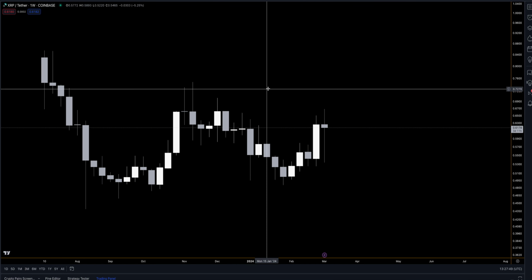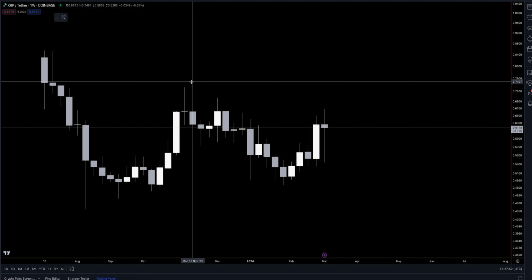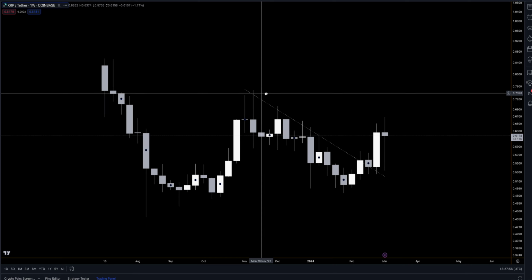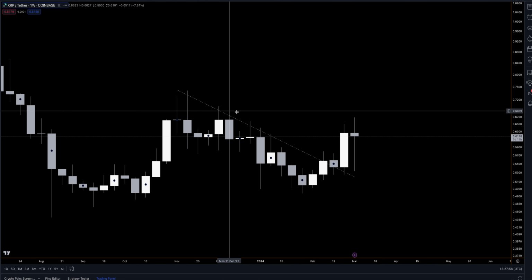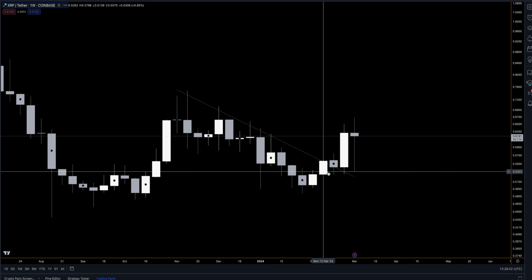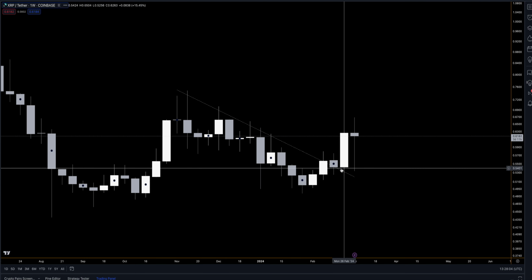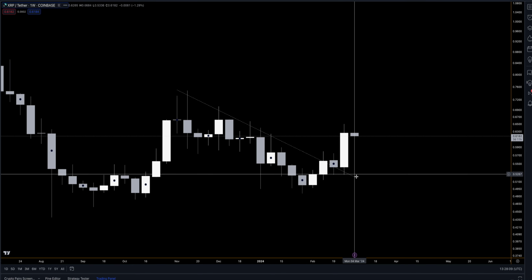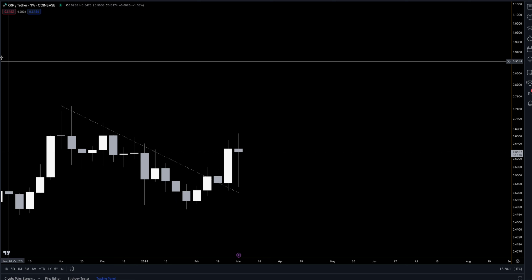And what I notice here is that we've rejected off this trend line so many times. We're now above the trend line. We had a bullish engulfing. Now we have a long-legged doji on the weekly time frame.